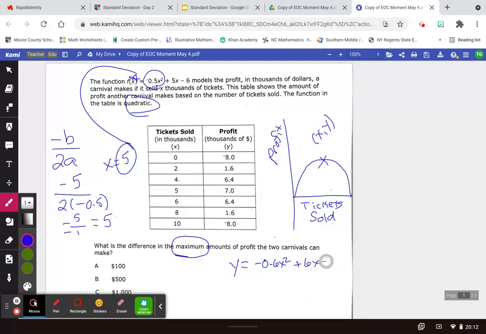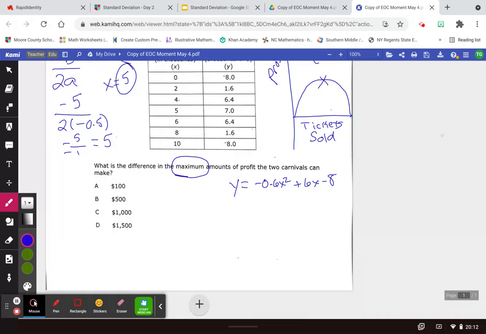plus 6x minus 8. Okay, so again, I need to find my vertex for this one, so negative b over 2a. So then I would have negative 6 over 2 times a negative 0.6. All right, so when I do that, my answer again is going to be x equals 5.